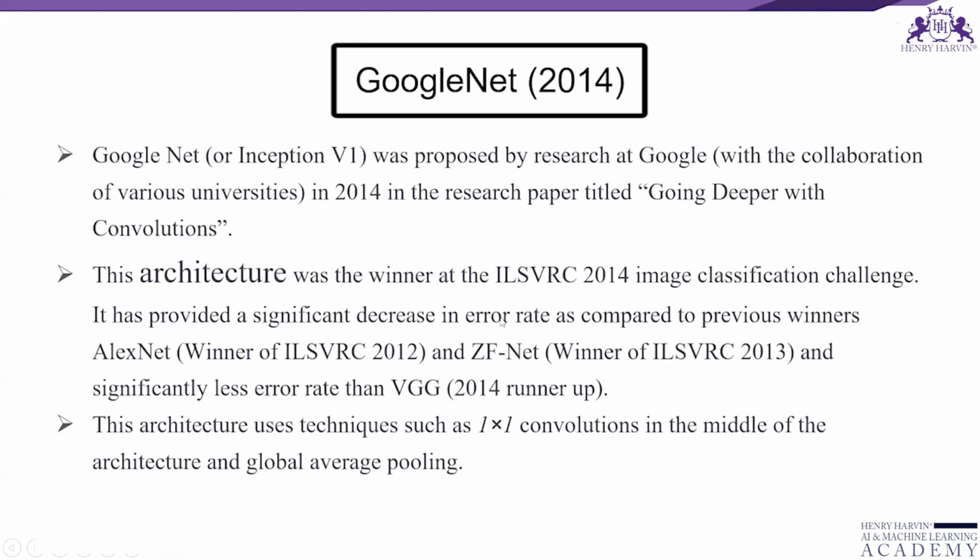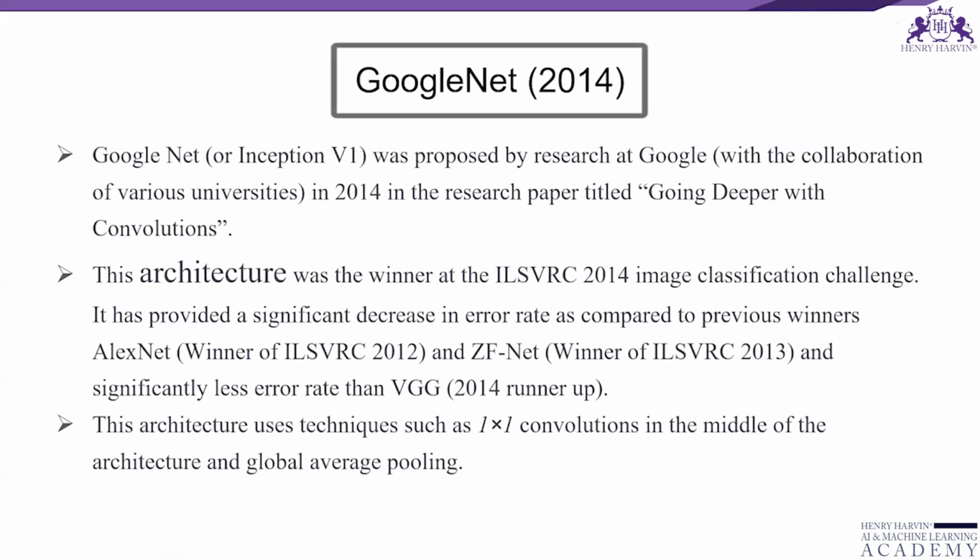This architecture was the winner of the 2014 Image Classification Challenge. When compared to AlexNet, ZFNet, and VGG, the error rate of GoogleNet was really less.